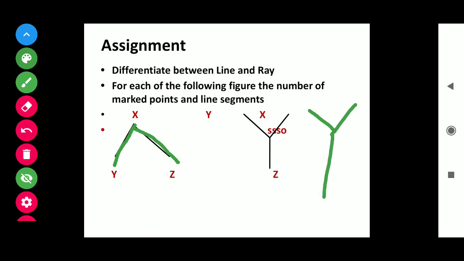You have to find out the number of line segments and the number of points in this figure. Also the figure is like this because it is already disturbed, so I am going to draw it on the screen again. So this is the assignment, and relatively I will give you more assignments which will be related to this video lecture, so you can find out and you can solve this kind of sums.